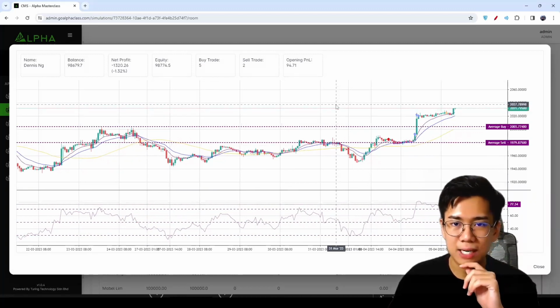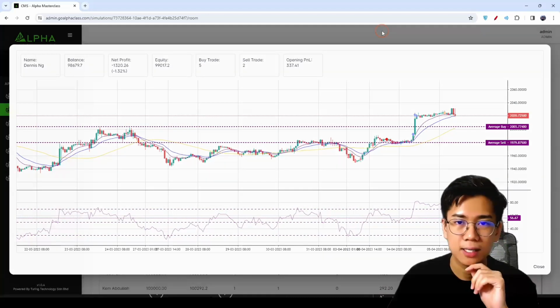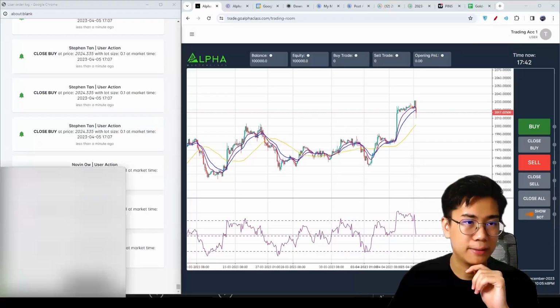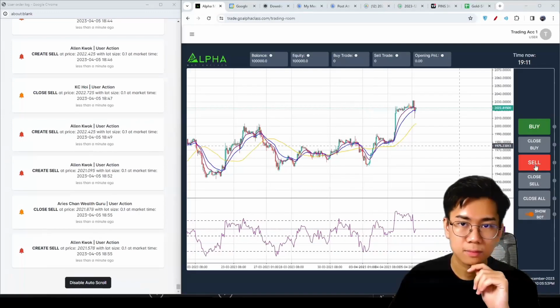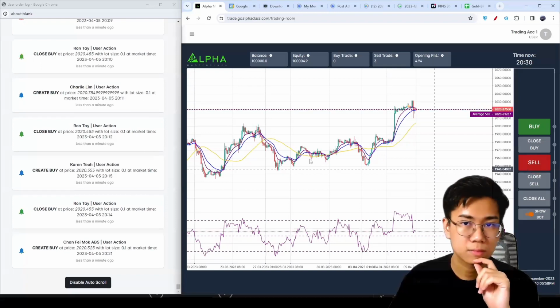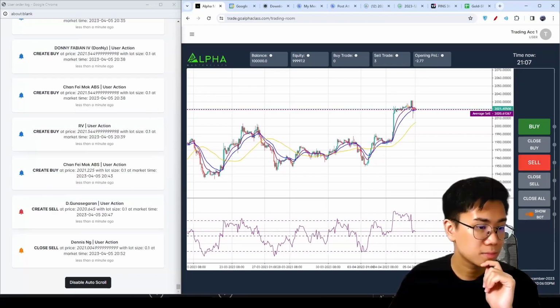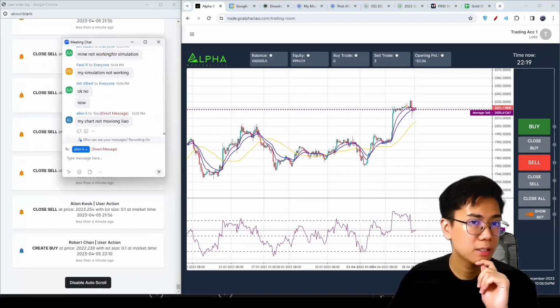RSI has been going to 70, 74, 70, 60, 61 and dropping down. Alan said that the chart is not moving. If it's not moving, you can refresh the charts.